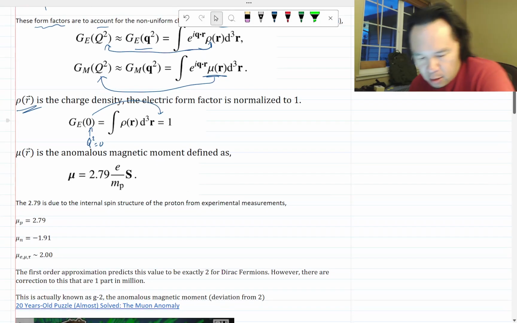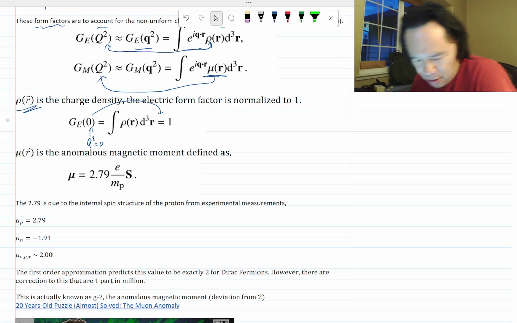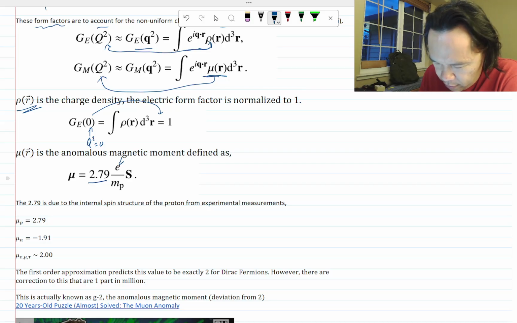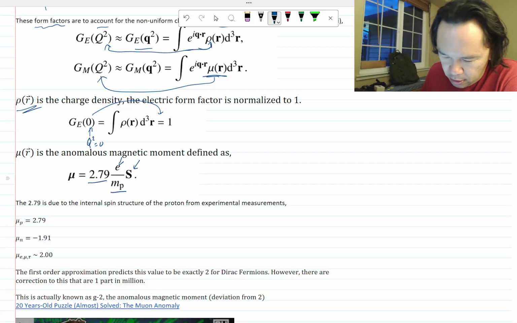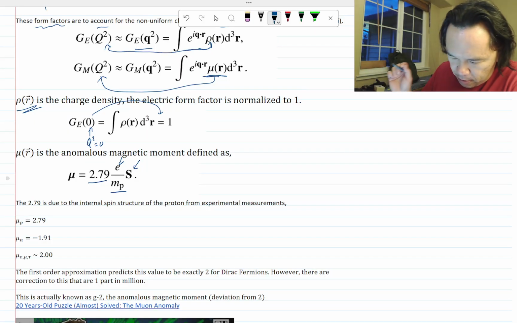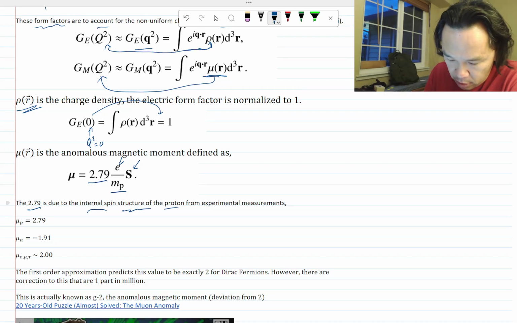For the anomalous magnetic moment, we're going to define it as basically 2.79, and we're going to see how that's a weird number, times the elementary charge, which is the charge of electrons and protons, divided by the mass of the proton times the total spin of this. The 2.79 is due to this internal structure of the proton that you can measure experimentally.